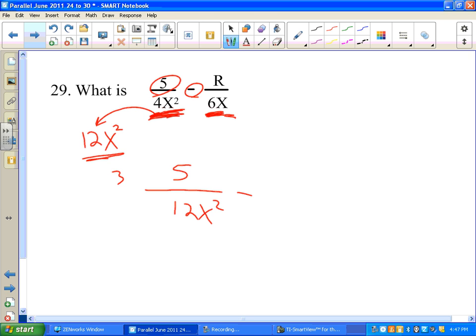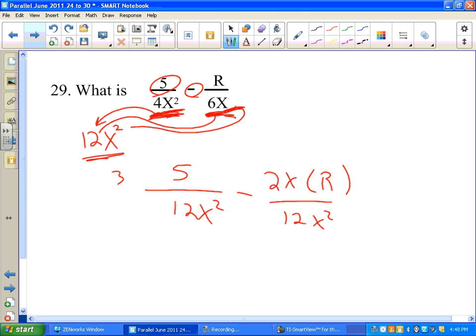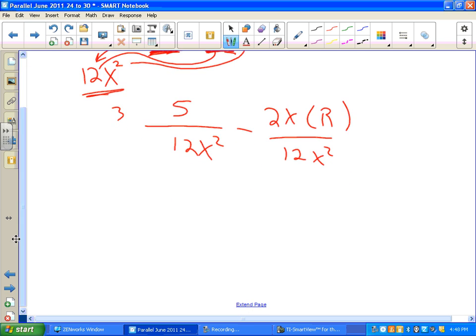What do I have to do to 6 to turn it into 12? Well, that's easy. Multiply it by 2. What do I do to x to turn it into x squared? Multiply it by x. So I do the 3 times 5, 15 over 12x squared minus 2x over 12x squared.